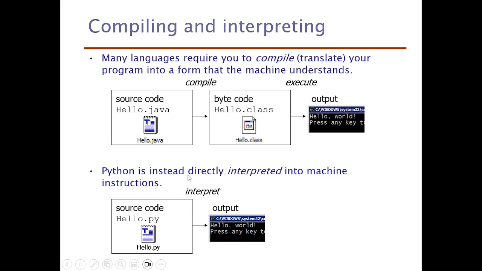Python, instead, is directly interpreted into machine instructions. So hello.py goes directly to output. This does not have the compile step or the bytecode. So it automatically displays the output without the compiler. So this is the difference between Java and Python.